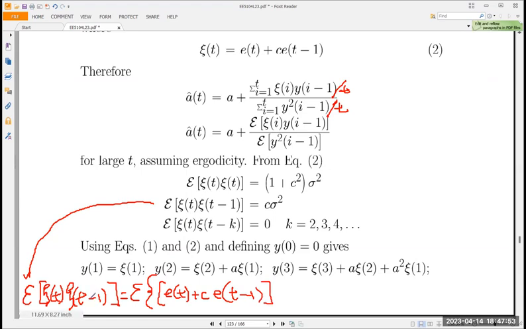Then zeta t minus 1 must be e_t minus 1 plus C e_t minus 2.